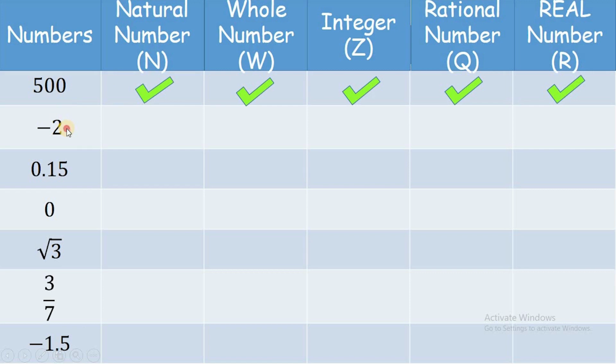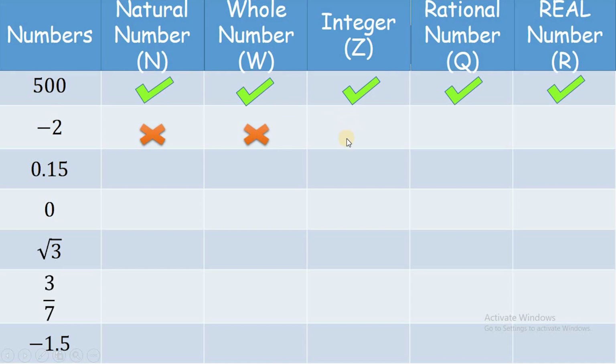And the next example is minus 2. Minus 2 or the negative 2 is not a natural number, it is not a whole number, since whole number includes natural and 0. Since it is not a natural and minus 2 is not a 0, therefore it is not a whole number.